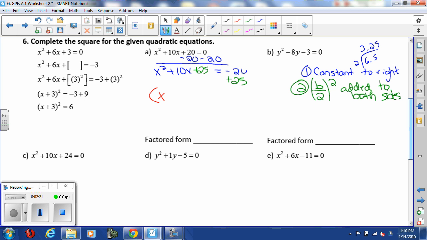Plus 5, squared, equals, and what's on the other side? 5. Now, last step, bring your constant back to the left.